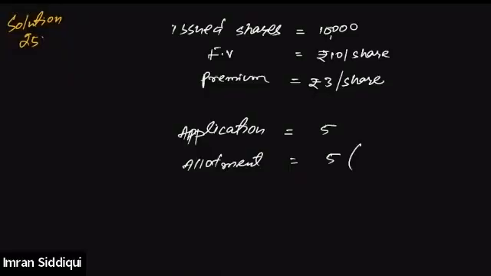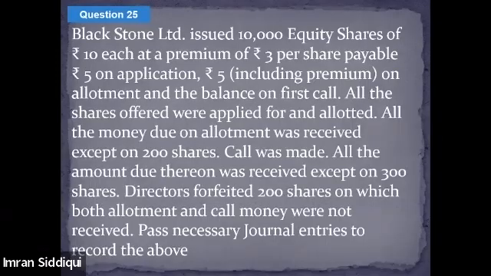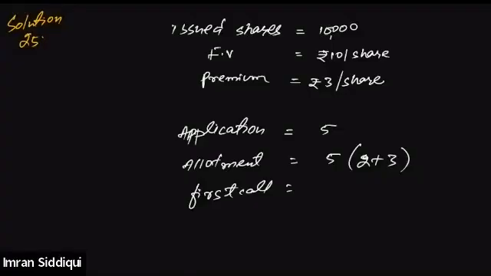That means 5, which is 2 plus 3: 2 rupees as face value and 3 rupees as premium. Then on first call, the company will be raising the balance. The first call is going to be the last call as well, so first and final call. Let me simply write this as first call. This will be considered as the first and final call.